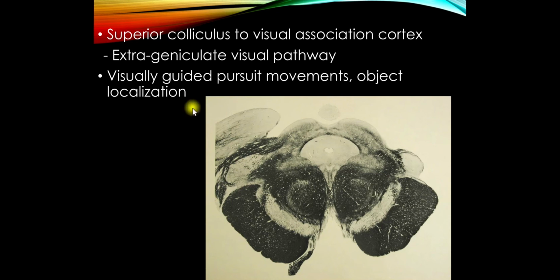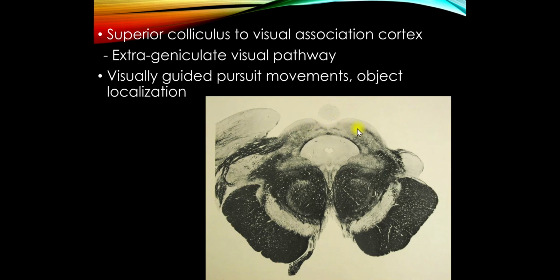In fact, this is called an extrageniculate visual pathway because the lateral geniculate has to do with visual acuity. This has more to do with tracking things in space. And so this is actually a relay nucleus. The pulvinar and the lateral posterior relay from the superior colliculus to the visual association cortex.